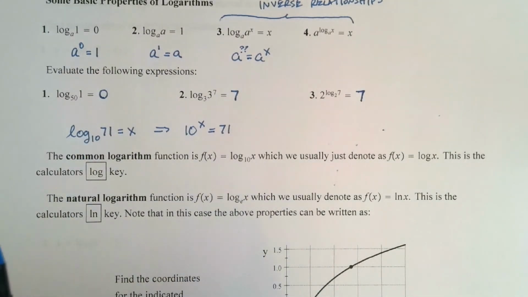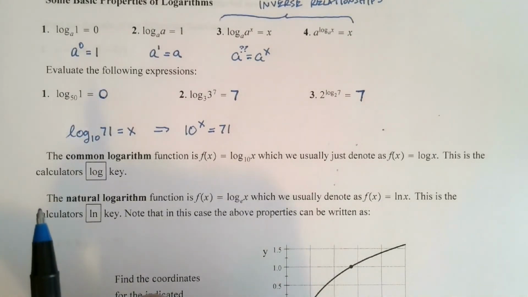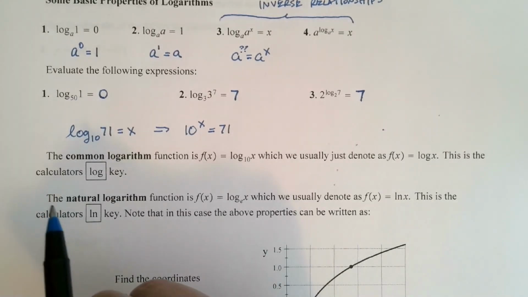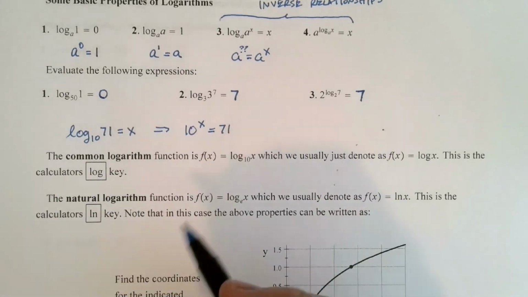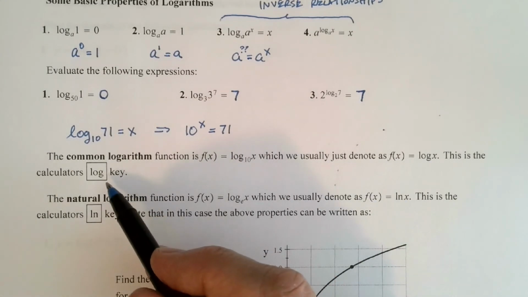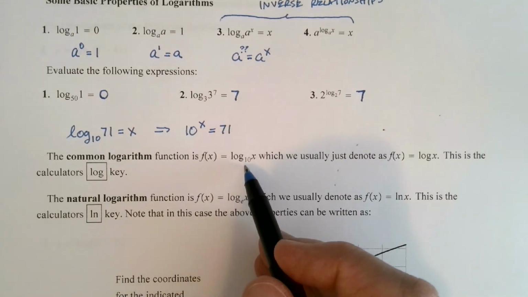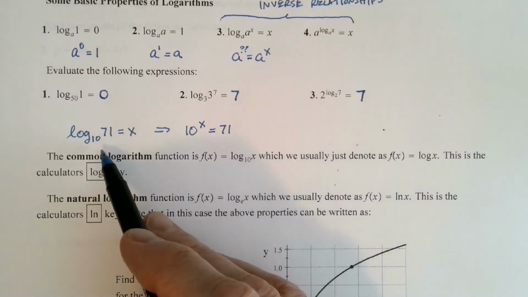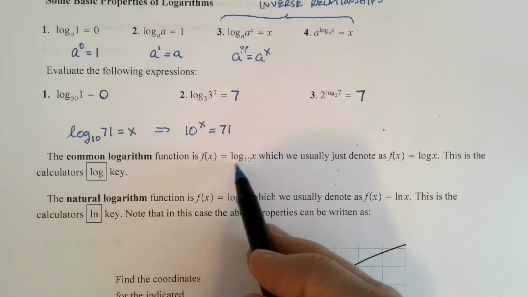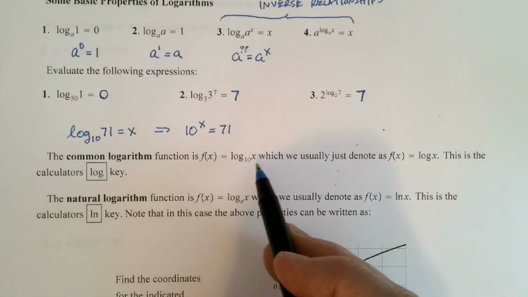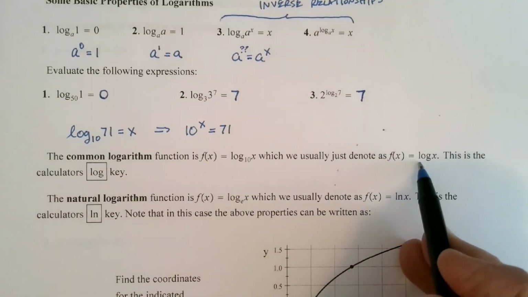And so we do have some help with technology now that we can use. In the TI calculator, there are 2 logarithmic keys, if you will, and most scientific calculators have this as well. One is the common logarithm, log base 10 of x. But typically, we don't write the 10. We usually just write log without a subscript.